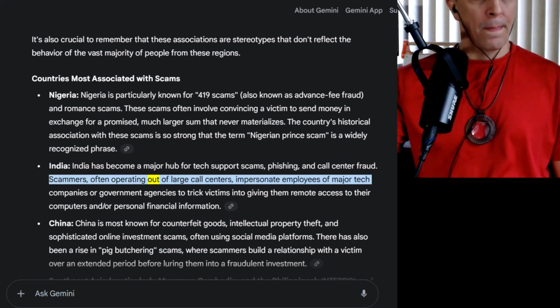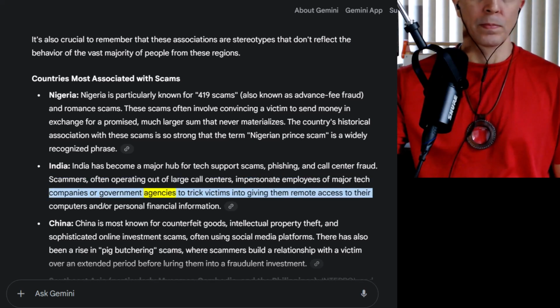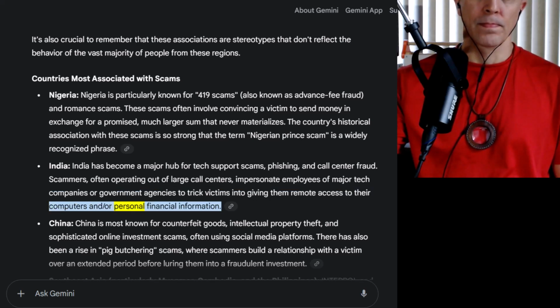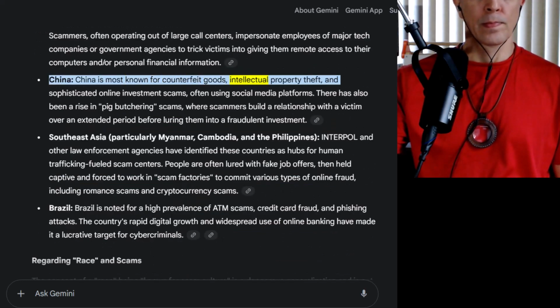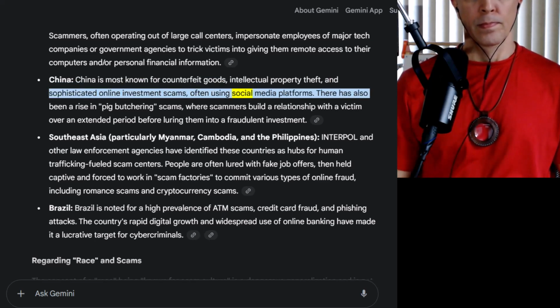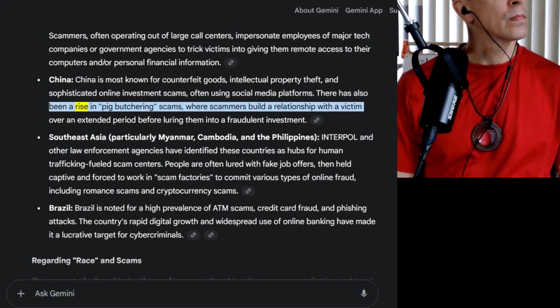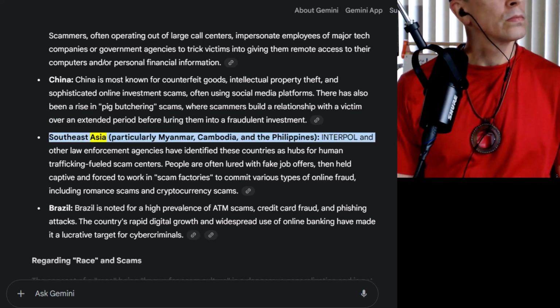Scammers, often operating out of large call centers, impersonate employees of major tech companies or government agencies to trick victims into giving them remote access to their computers and/or personal financial information. China. China is most known for counterfeit goods, intellectual property theft, and sophisticated online investment scams, often using social media platforms. There has also been a rise in pig butchering scams, where scammers build a relationship with a victim over an extended period before luring them into a fraudulent investment. Southeast Asia, particularly Myanmar, Cambodia, and the Philippines.